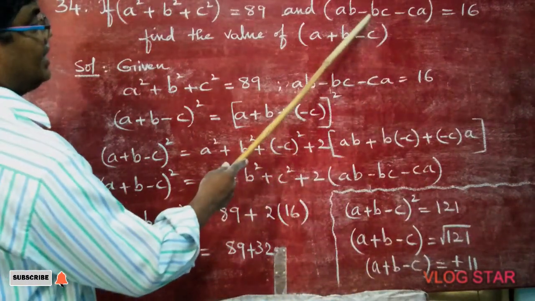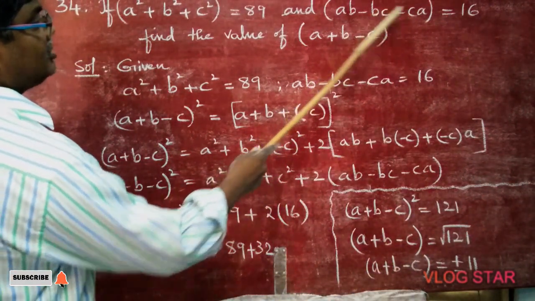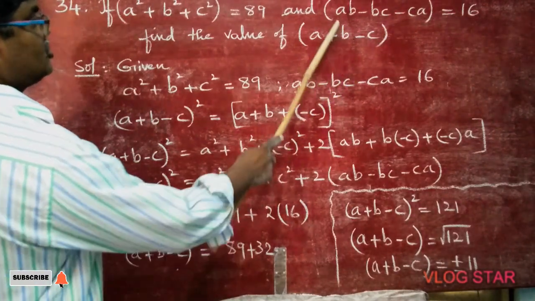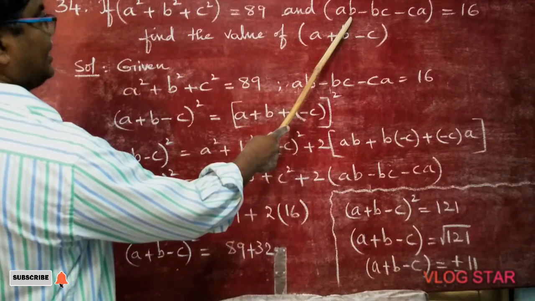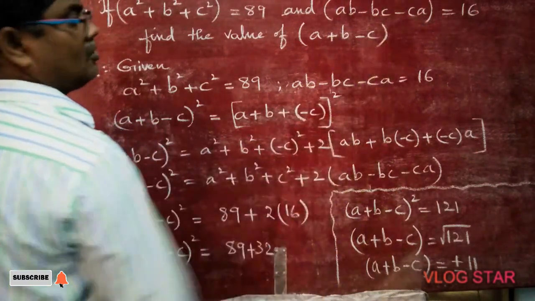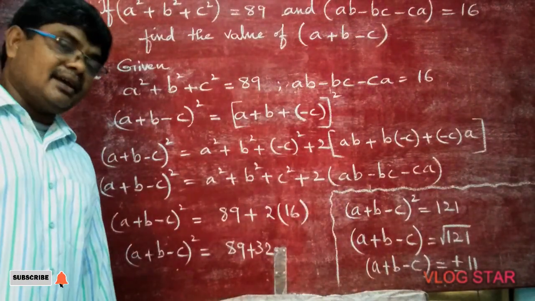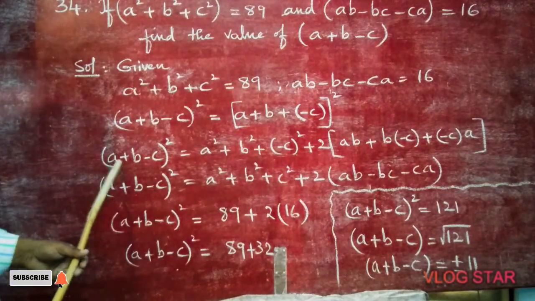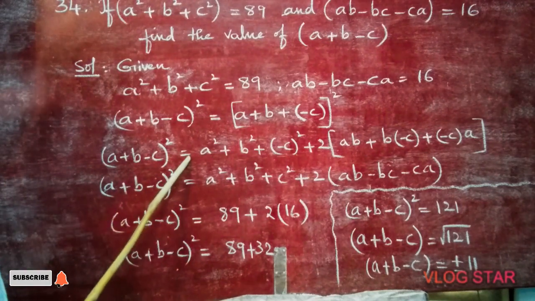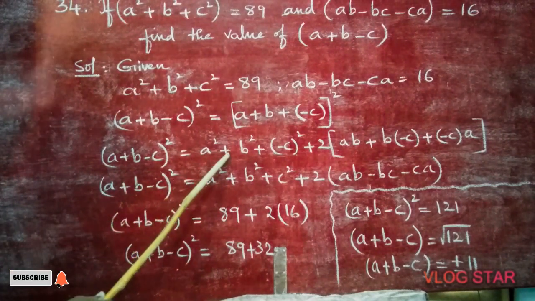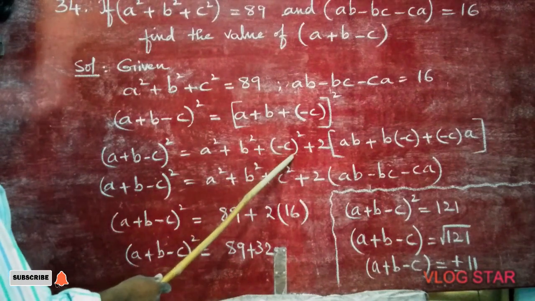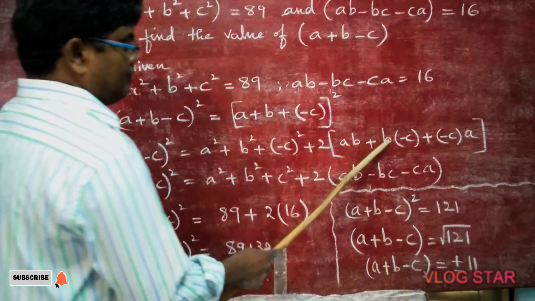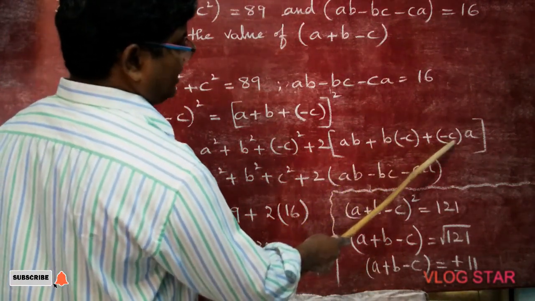How to recognize? Here two minuses are there. Which is the common alphabet? c. So c will be minus. Suppose these two, b is common, minus b. Suppose first and last, so minus a. In such a way we can recognize which one is negative. So (a plus b minus c) whole square formula is equal to a square plus b square plus (minus c) whole square plus 2 into (ab plus b into minus c plus minus c into a).